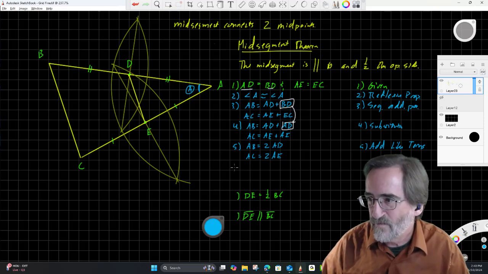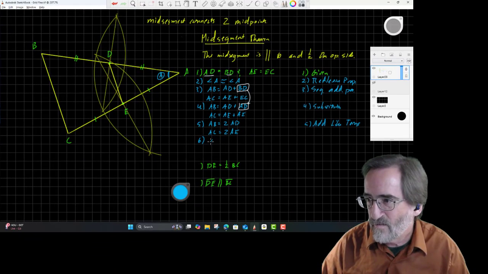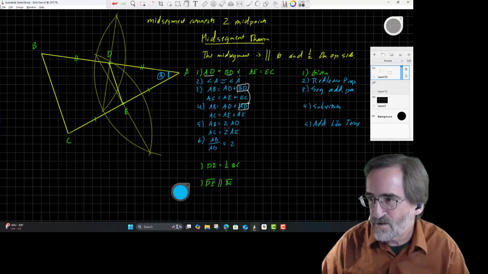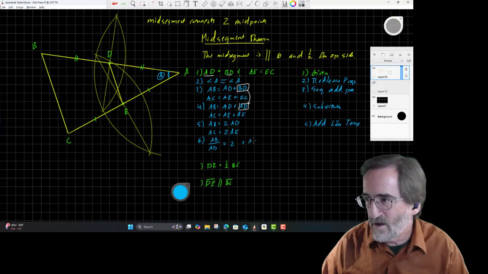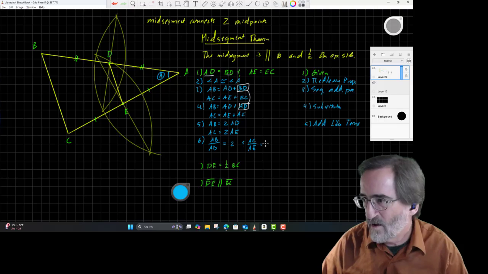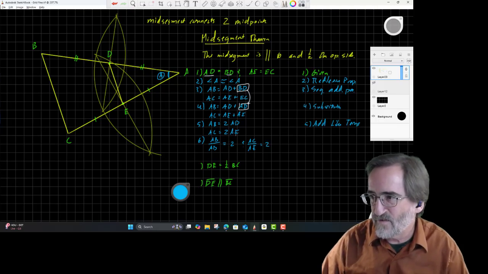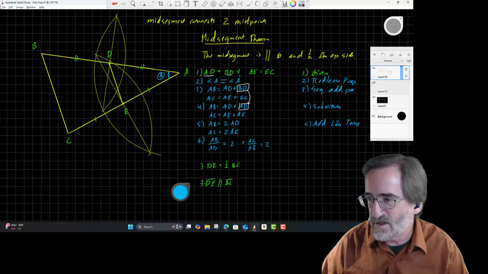Okay, division. 6. AB over AD equals 2, dividing both sides by AD. And AC divided by AE equals 2. That was by division. We divided both sides by AD.